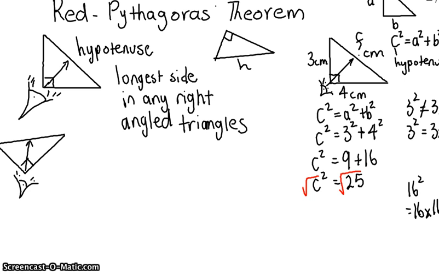What we do to one side, we must do to the other. So we're left with C, which is what we wanted. The square root of 25 is 5 centimetres. We've now found the unknown is 5 centimetres. You guessed at the start about 7. It's actually 5. Okay?